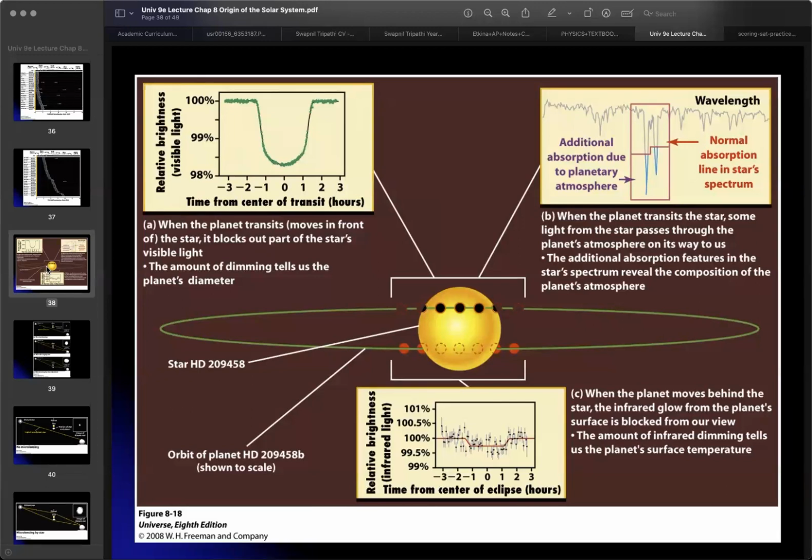And when it transits, we can also look at the absorption lines that are produced. If absorption lines are produced, those are evidence of the planet having an atmosphere. And we can also tell what kind of gases are present in the planet's atmosphere.